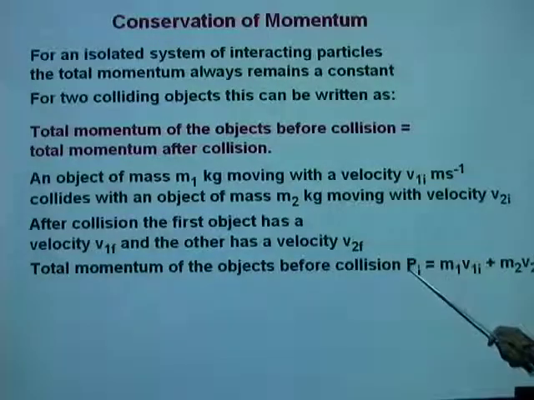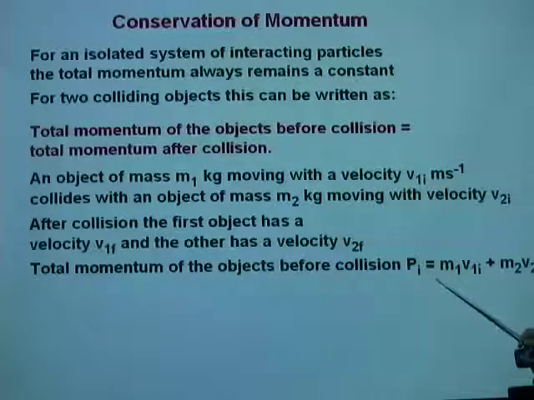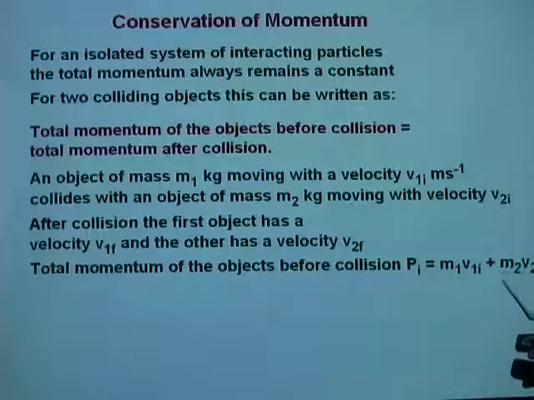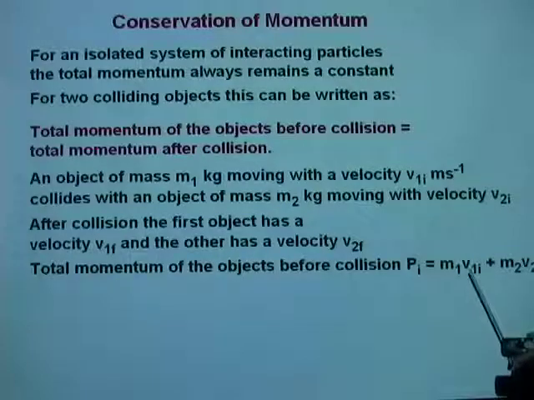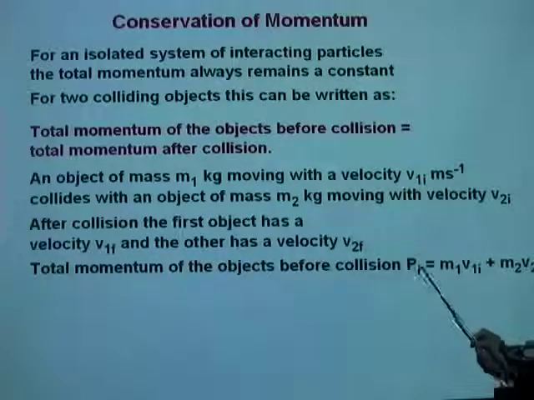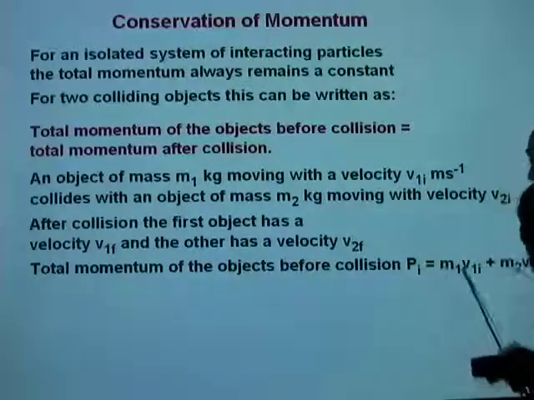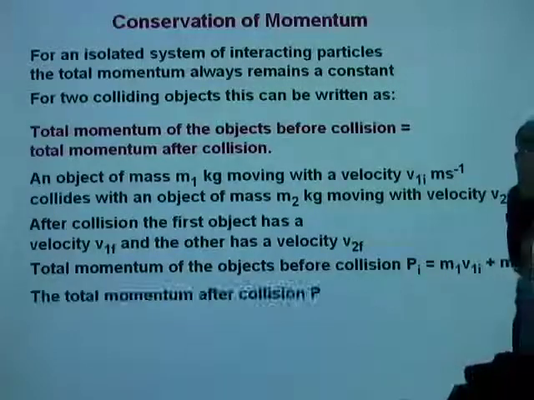Therefore, the total momentum of the two objects before collision will be Pi is m1 v1i plus m2 v2i. I don't know whether you can see this m2 v2i on the screen. If not, you need to write it down. So initial momentum of these two objects, Pi is m1 v1i plus m2 v2i.